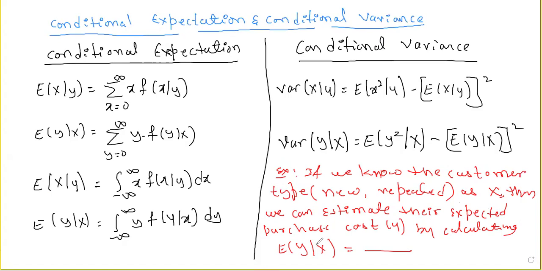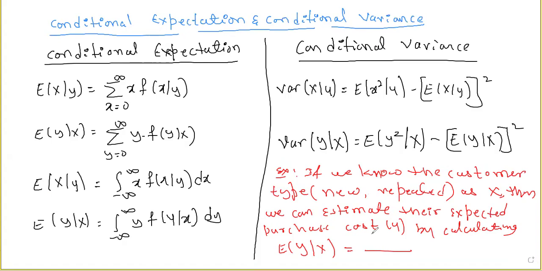Why y given x, where x is the type of the customer and y will be the amount, right? So the expected purchase amount, whether x is a new customer or x is a repeated customer, varies depending upon it, right?